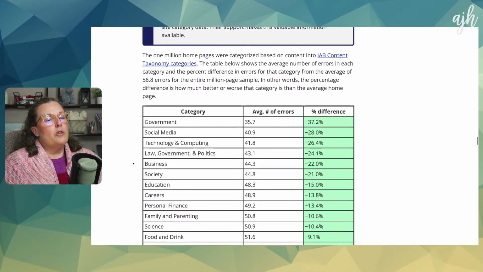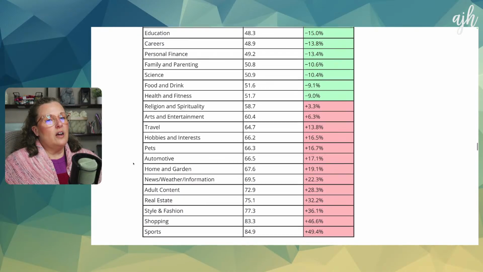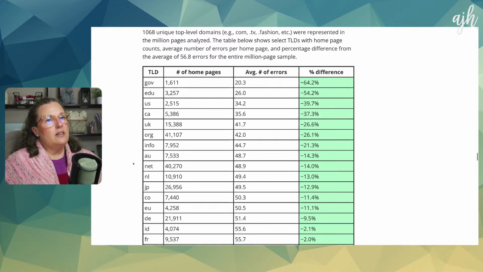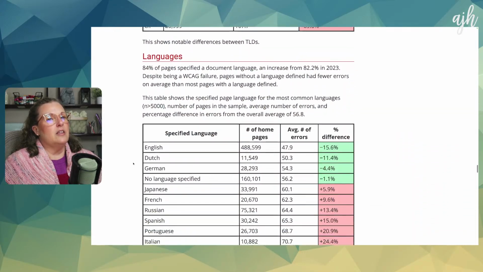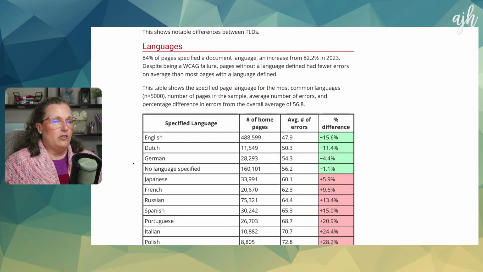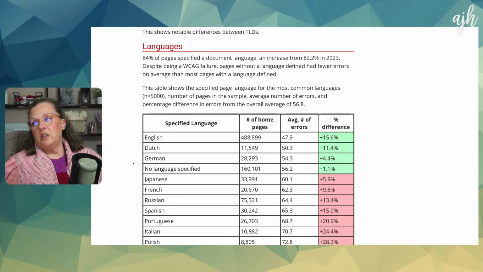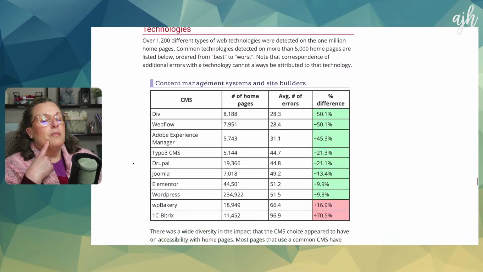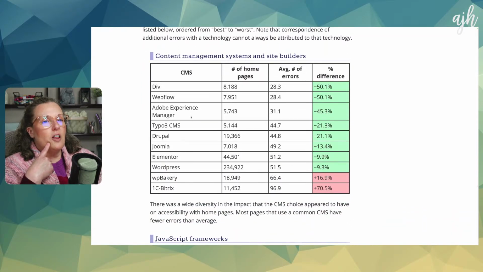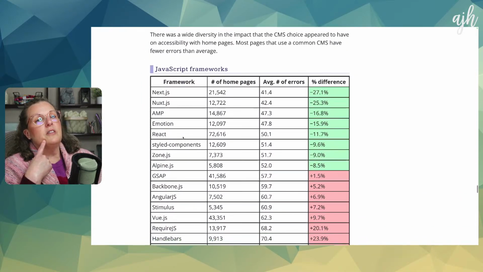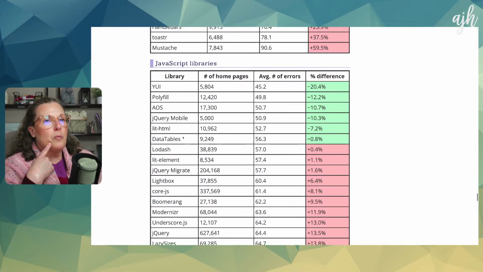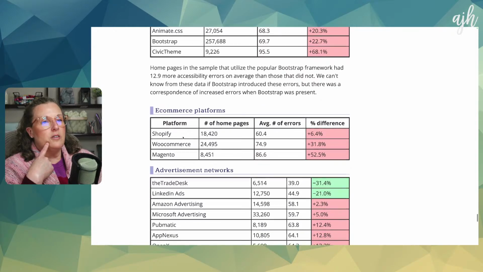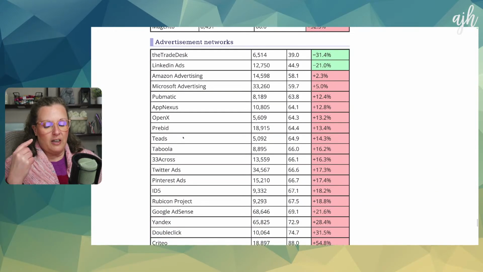So the rest of this really talks about the categories, the top level domains that these million home pages are associated with. The technologies like the content management systems, the JavaScript frameworks, the libraries, the web frameworks, e-commerce, advertisement networks.